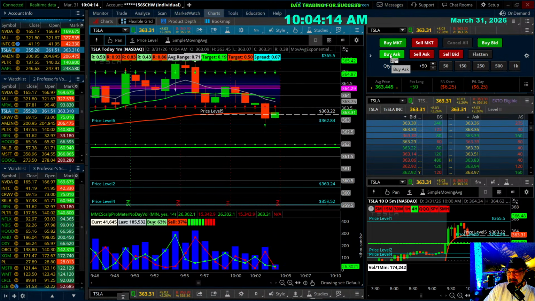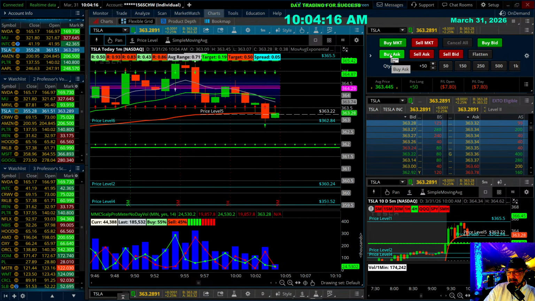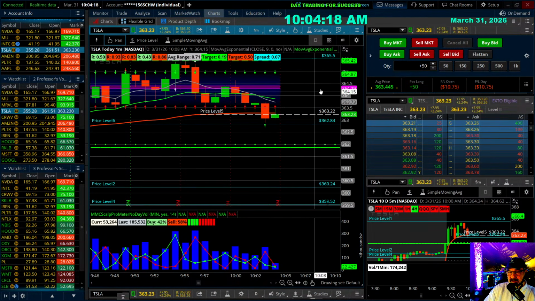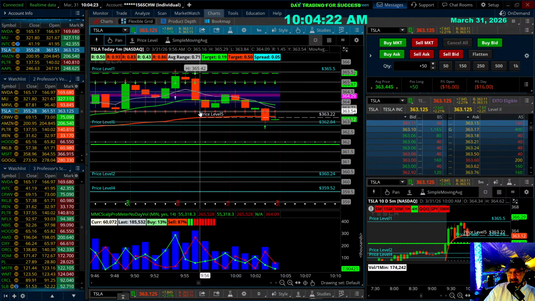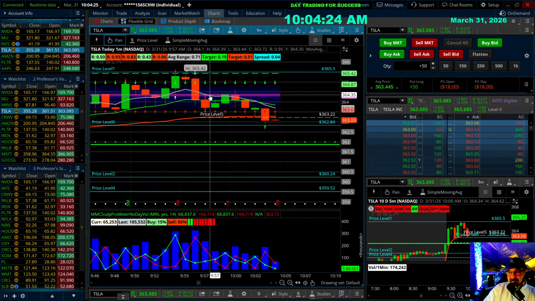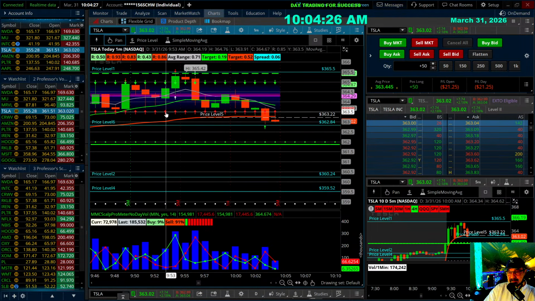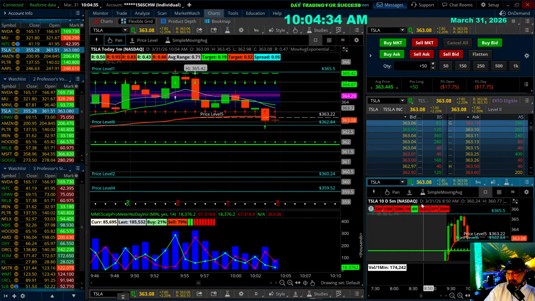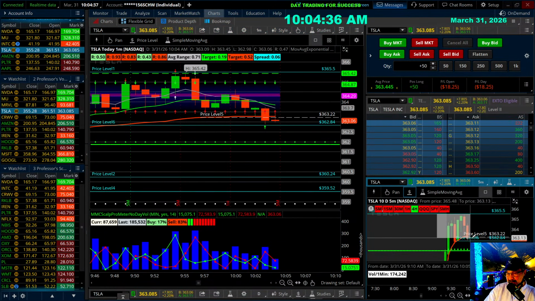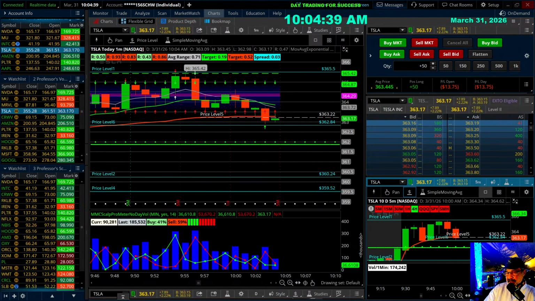See if we can get back up there above the magnet level. That's the bottom of the market magnet here. Some days it's just so easy to call it.